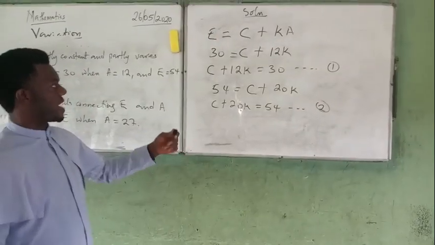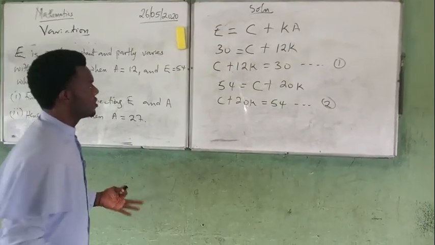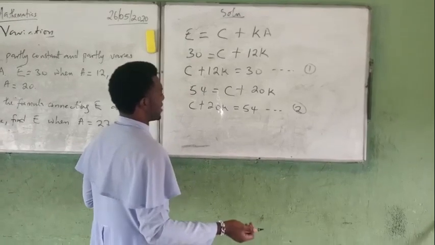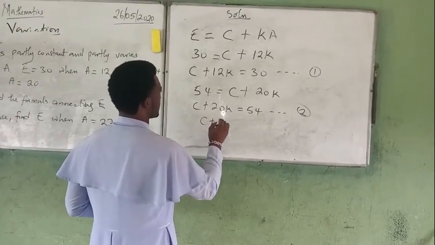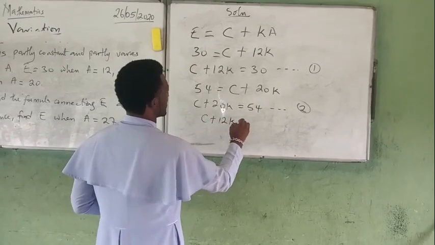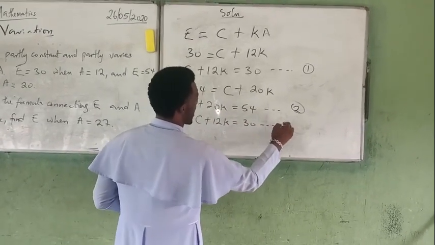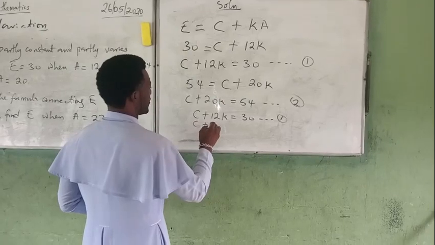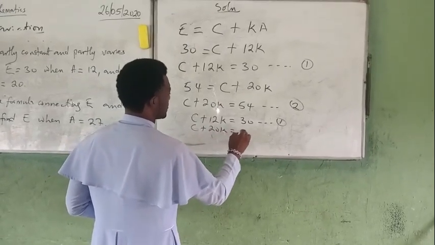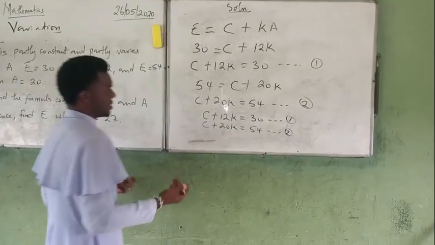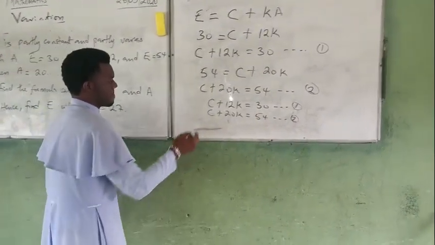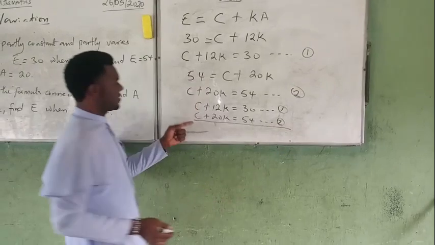So you see equation 1 and equation 2. With this we can use the method of elimination. So we bring down both equations. Now we have C plus 12K equals 30, equation 1. C plus 20K equals 54, equation 2. So here now already we have C.